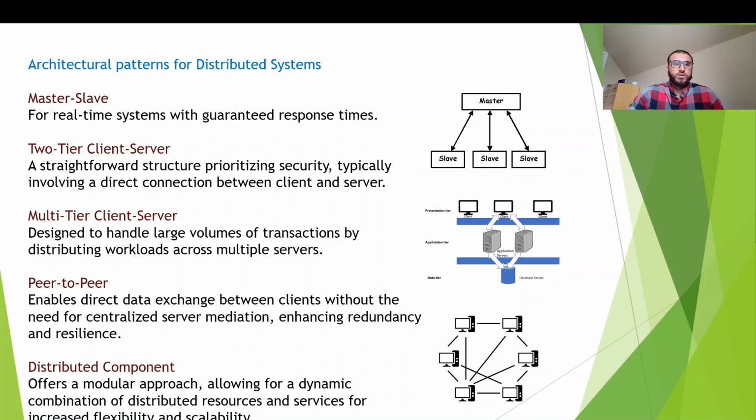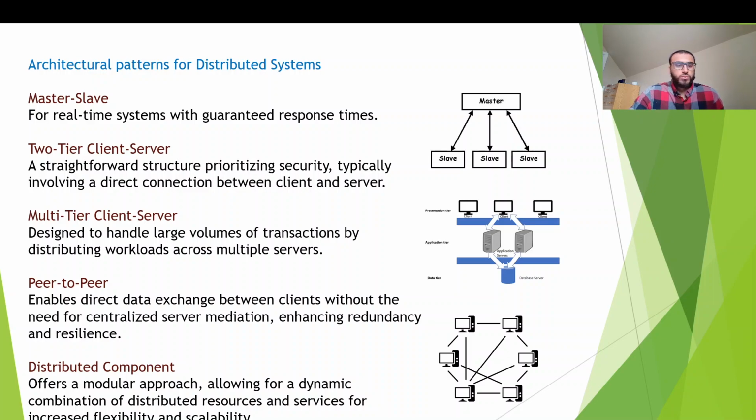Another very common one, which is used a lot, is the peer-to-peer architectural pattern, which allows clients to actually exchange data, and there is no need for centralized mediation. This is really effective because it automates and enhances redundancy, because the server does not have to compute the same thing over and over again.